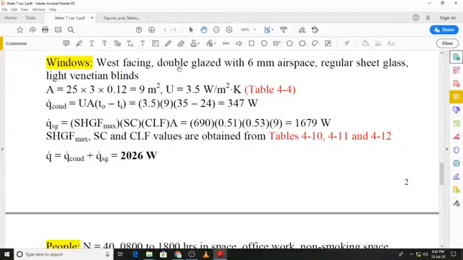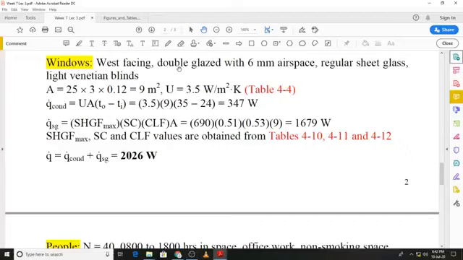So we will start with the external loads and then proceed forward, and as we proceed you will see how we make use of the tables to find various factors and values. We will start with the roof, which is an exterior surface, and we are told that it is of type 4 without suspended ceiling.